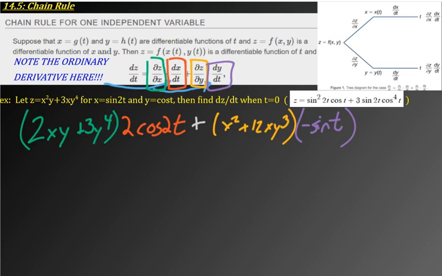And you can go ahead and put in what your x and y terms are now.